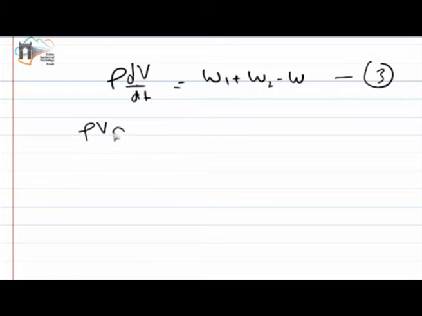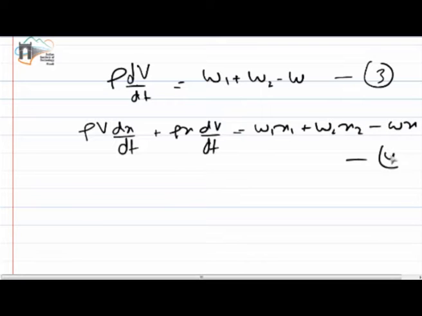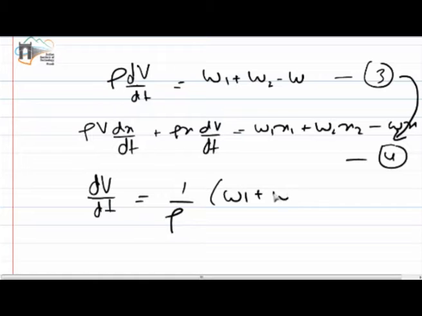Take the two equations. Okay. So to simplify further, what you can do, put the third equation into this fourth equation, and finally you will get the simplification of the very first one.